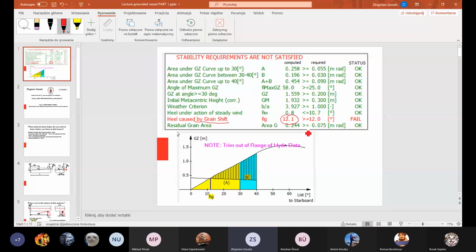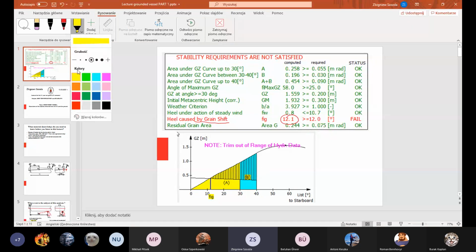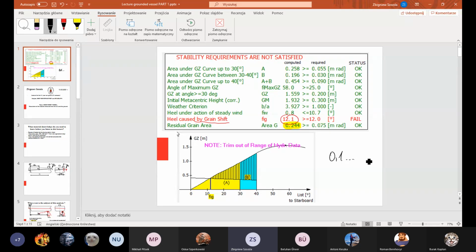And if I remember correctly, somebody calculated the area and the result was 0.2 and something, and another student calculated the area and his result was 0.1 and something, of course in meter radian. And I told you that I didn't like the number 0.2 because I thought 0.1 would be correct, but I have to say that I was wrong.